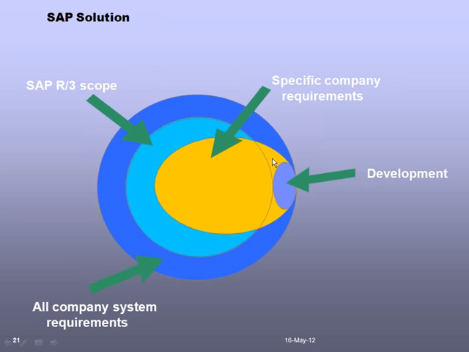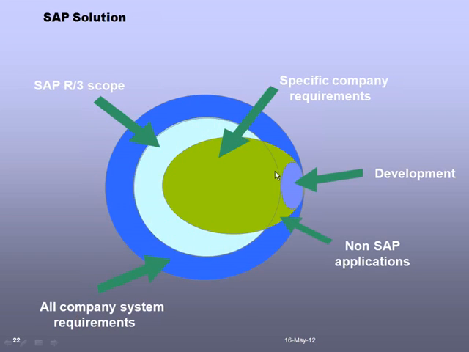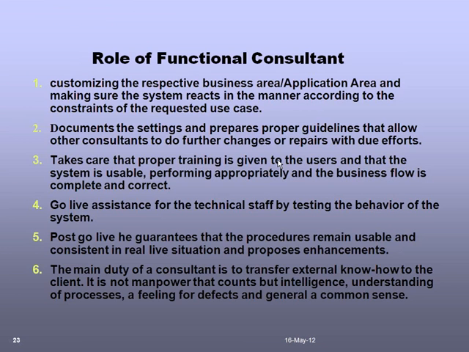So these pending pieces are non-SAP applications that the customer does not want to replace, or SAP genuinely might not have any solution for that particular piece. If you leave this piece apart, more than 95 percent is covered in SAP. That's what we call the SAP solution scope.